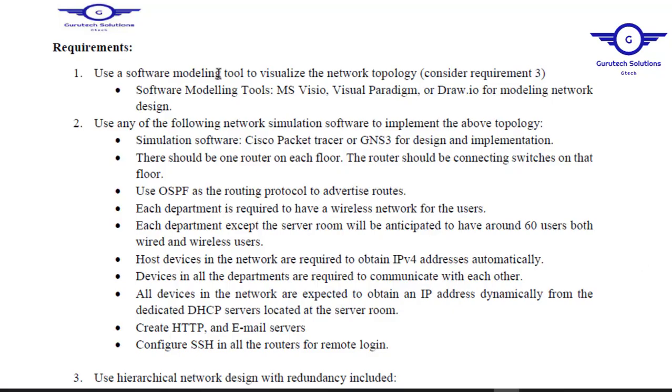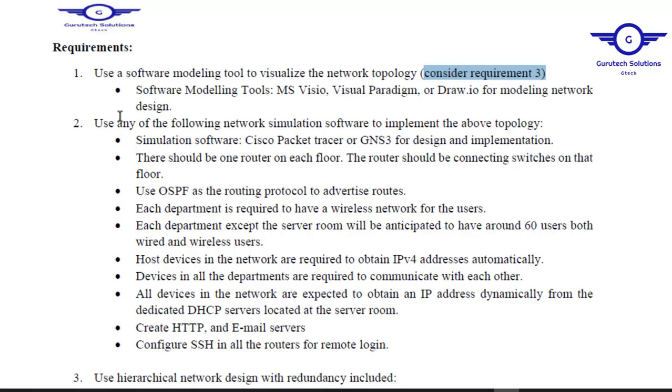Now the requirements: use a software modeling tool to visualize the network topology. The software tools that you can use include Microsoft Visio, Visual Paradigm, or Draw.io for modeling network design.